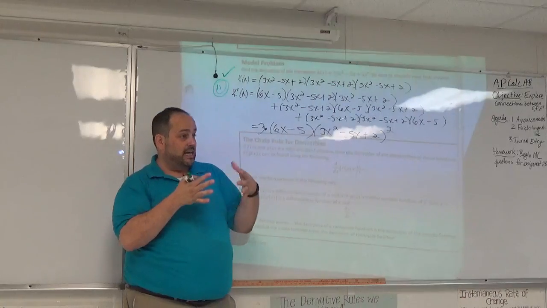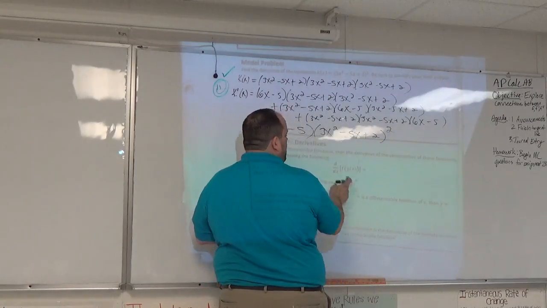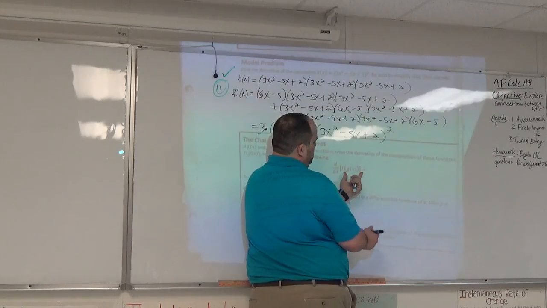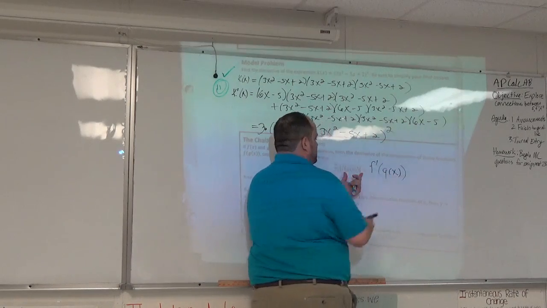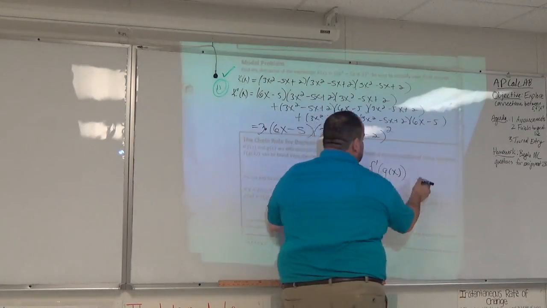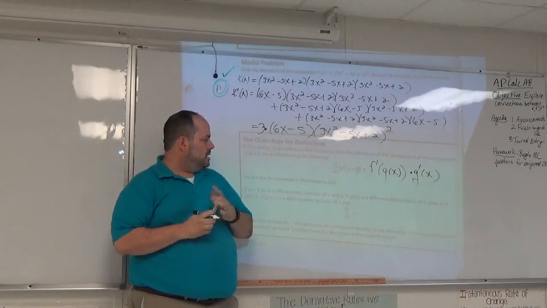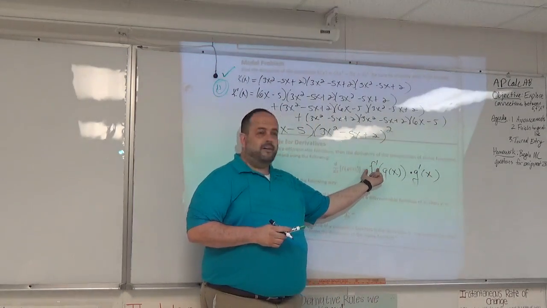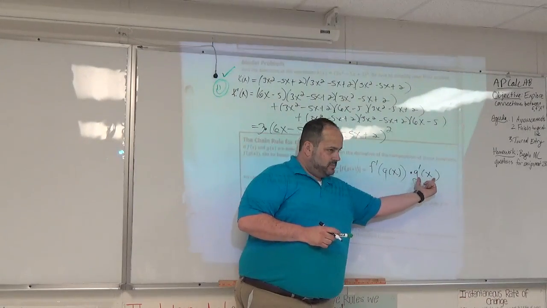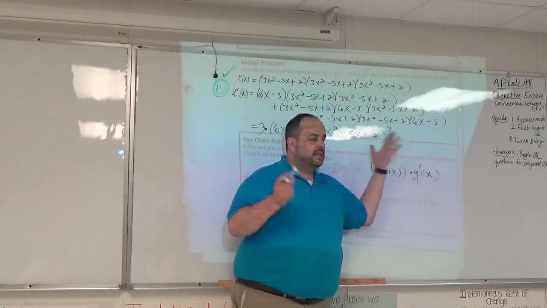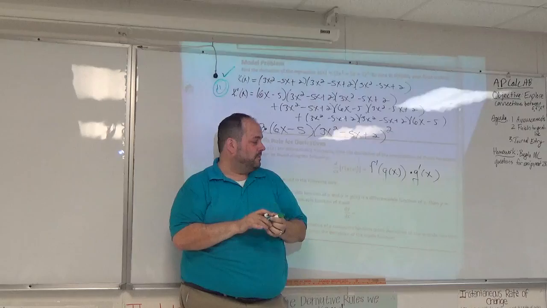Some people say it this way: the derivative of a composition function, you take the derivative of the outside function, leave the inside function alone, times the derivative of the inside function. This is for composition, a function inside of another function.